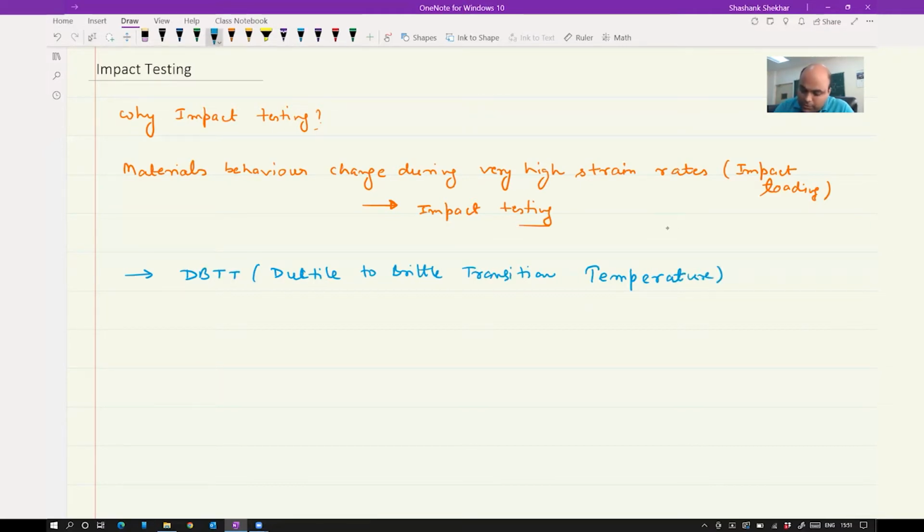Okay, so during impact loading or when you have high strain rate, a material can show the properties like a brittle material is going to show.